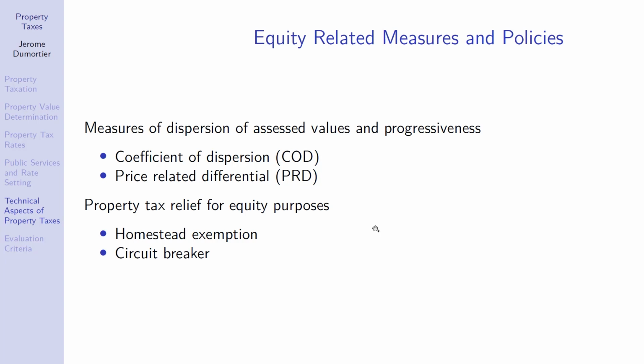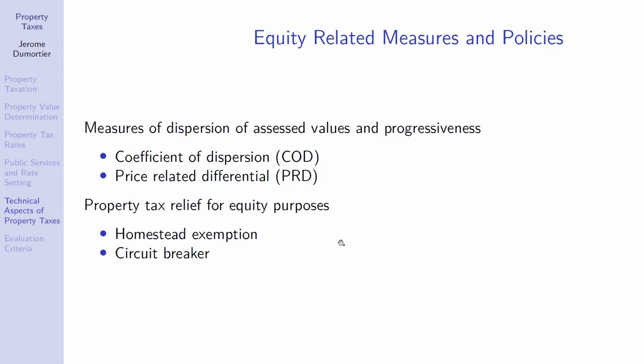We are going to look at the coefficient of dispersion, and then we are also going to look at the progressiveness of the tax, and we are going to use the price-related differential for that. We are also going to look at two property tax relief measures, and again, this is for equity purposes, and we are going to look at the homestead exemptions and the so-called circuit breaker.